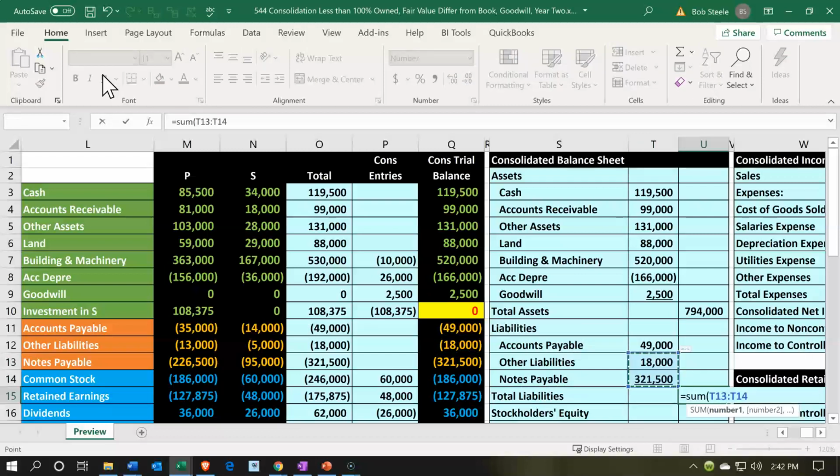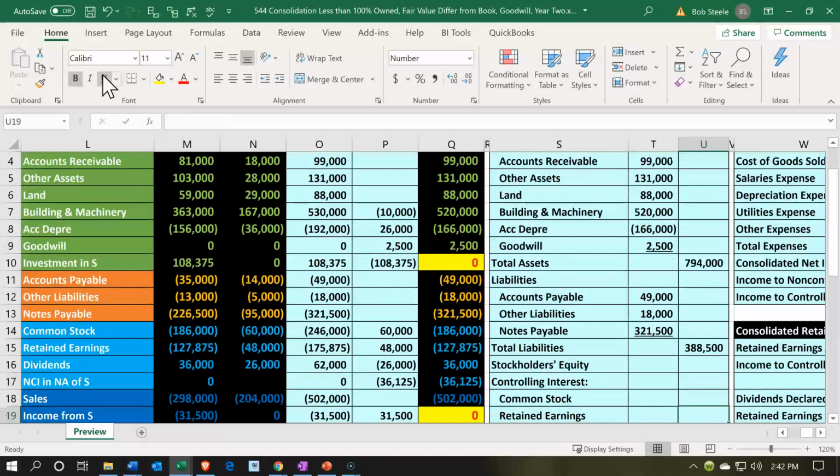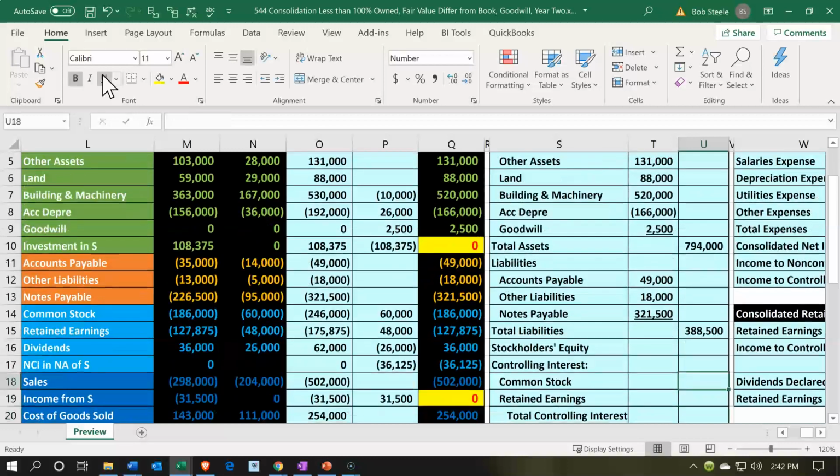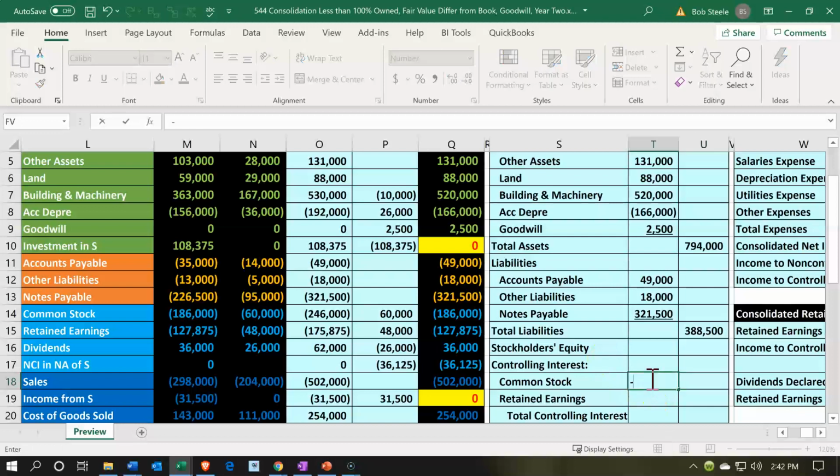There's our liabilities. And then we're going to go to the stockholders' equity. Here's where the new thing is, where we have this controlling interest and non-controlling interest. So the controlling interest, that's going to be negative of this, which you can see is basically P's interest, right? Because we removed the equity section for S in essence. And then the retained earnings is going to be, again, like P's portion.